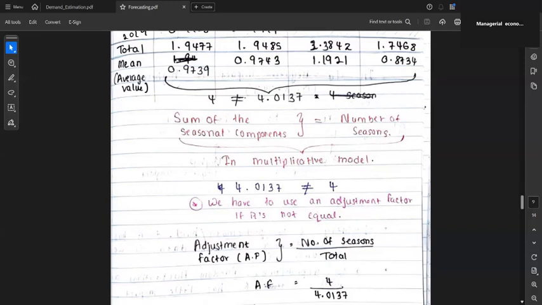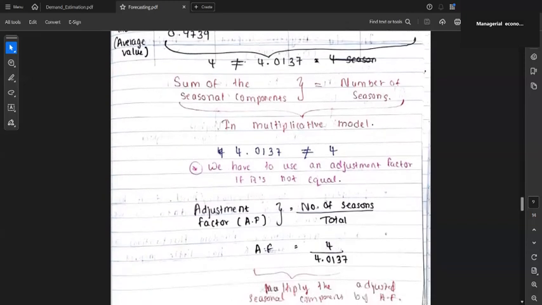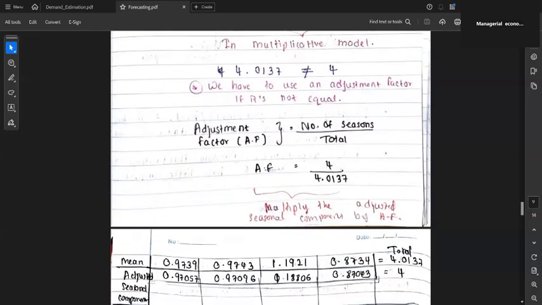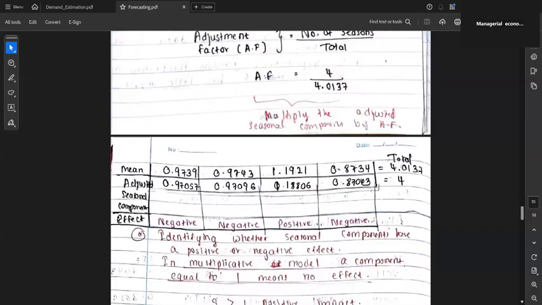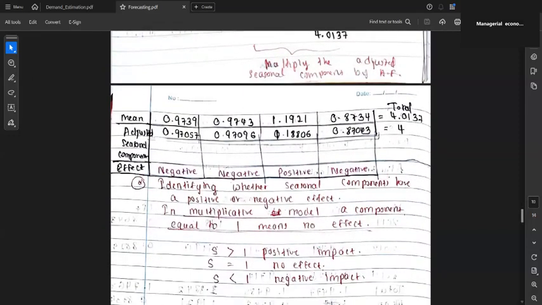And we multiply each of these seasonal components by the adjustment factor. If we do that, we get the adjusted seasonal components. As you can see, the addition now comes up to 4, like we wanted.